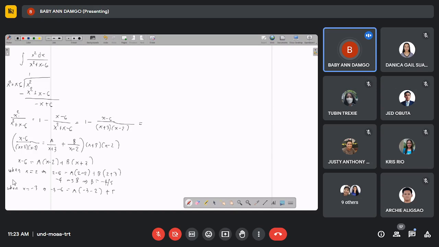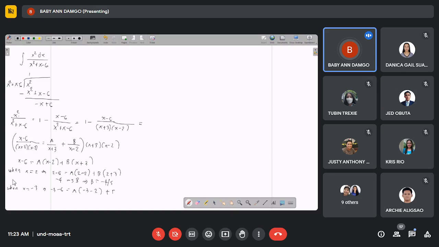So it implies that our a here is 9 over 5. So the integral can be written as 1 minus, our a here is 9 over 5 times x plus 3, plus our b is negative 4 over 5 times x minus 2, dx.